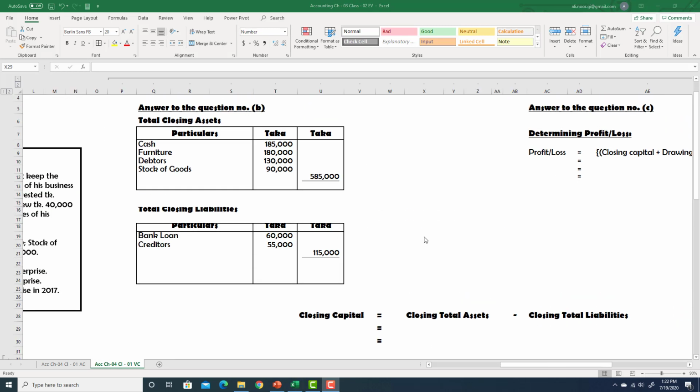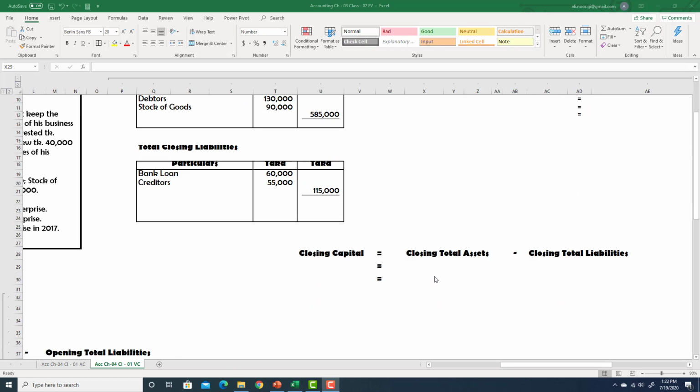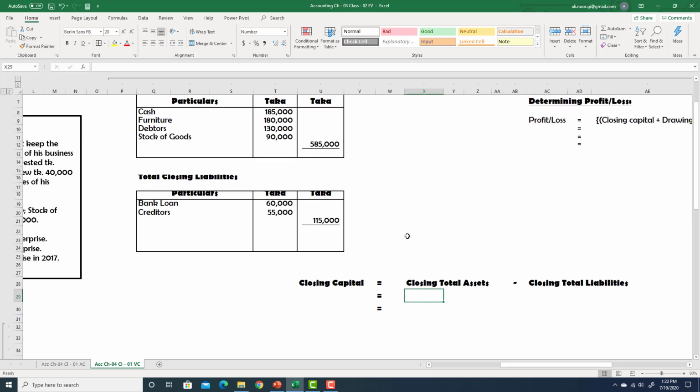Now we need to plug these values into this formula. Our closing total assets is 5,85,000, and closing total liabilities is 1,15,000.